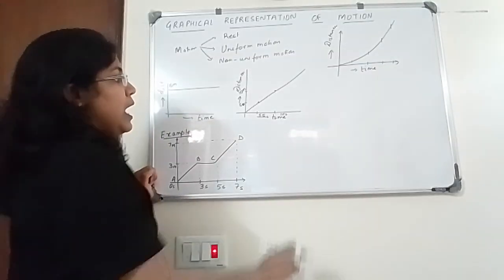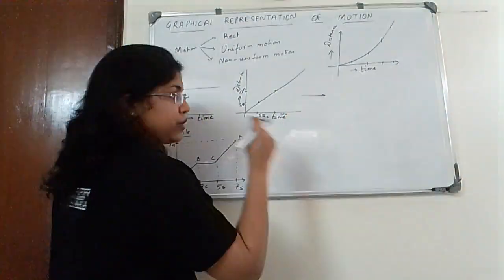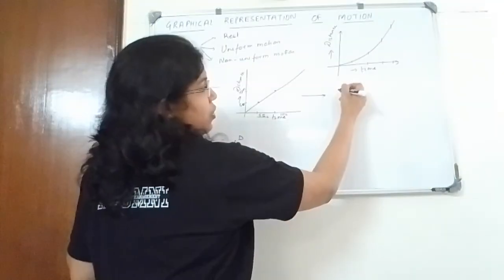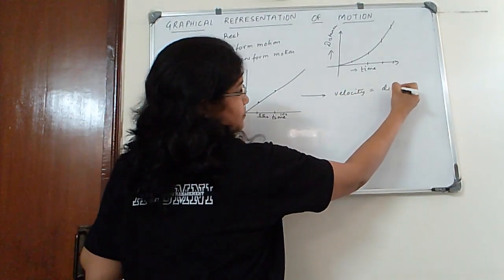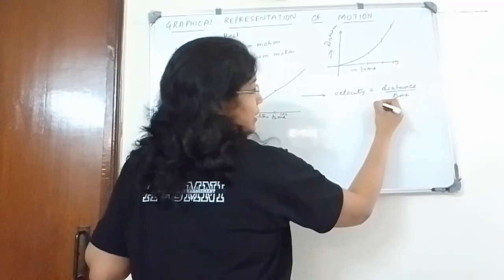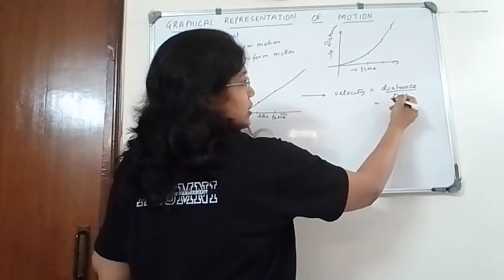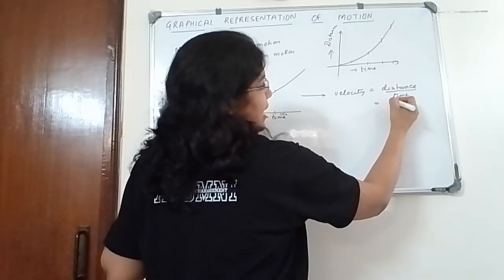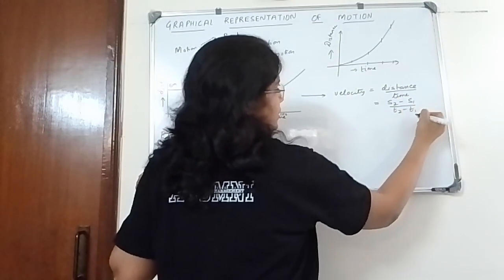Now, from the uniform motion graph, we have a formula that comes up, because we all know velocity is distance upon time. Because the graph does not show the distance exactly, it will show the points. So, how do I write this? It is S2 minus S1 upon T2 minus T1.